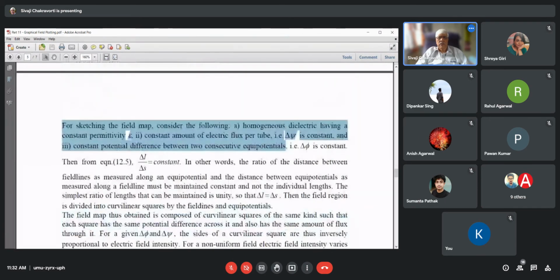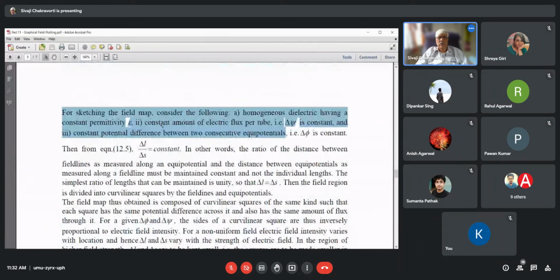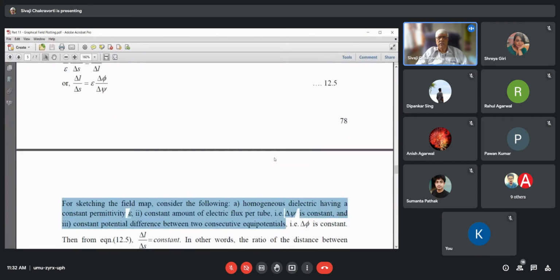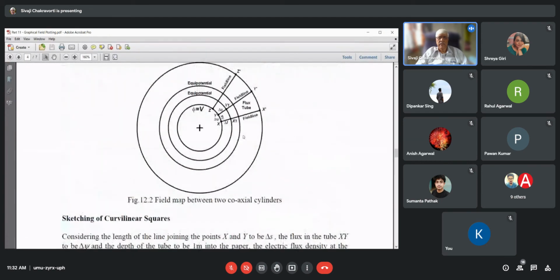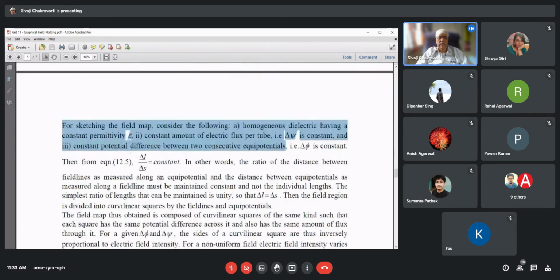So we are assuming a constant amount of electric flux per tube and a constant potential difference between two consecutive equipotentials.